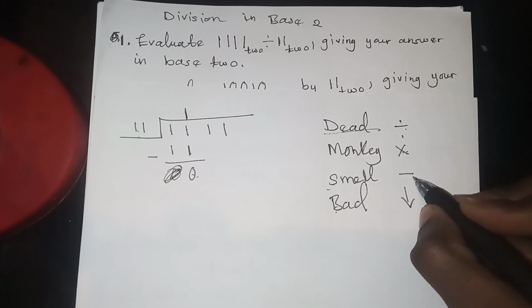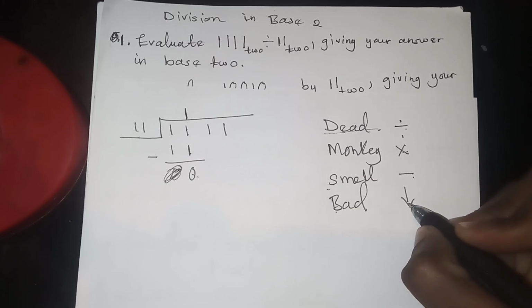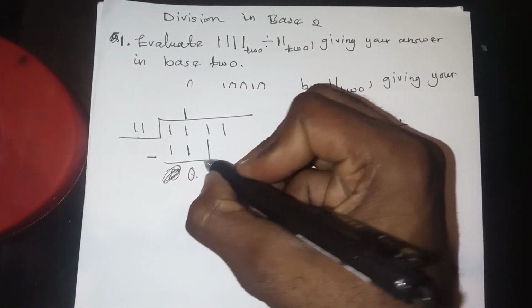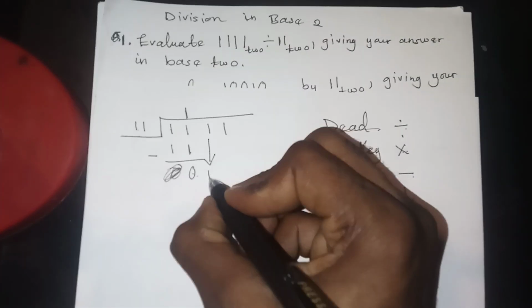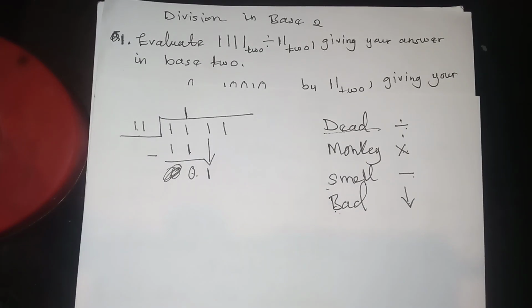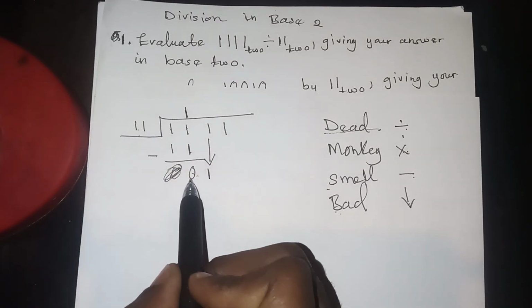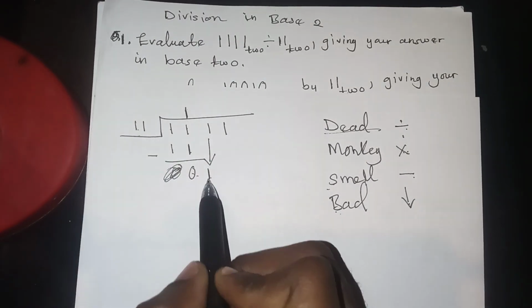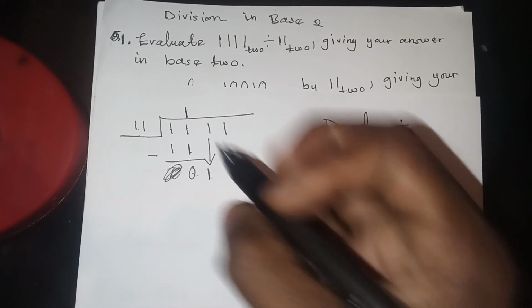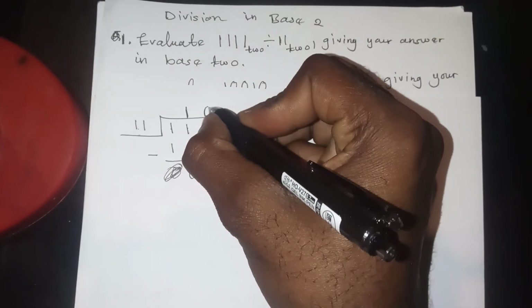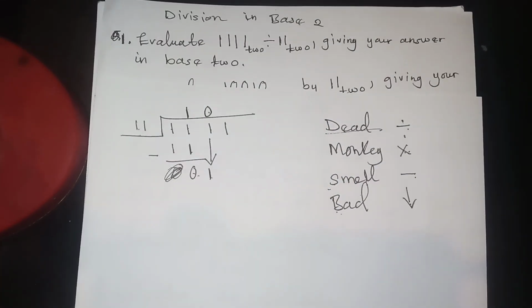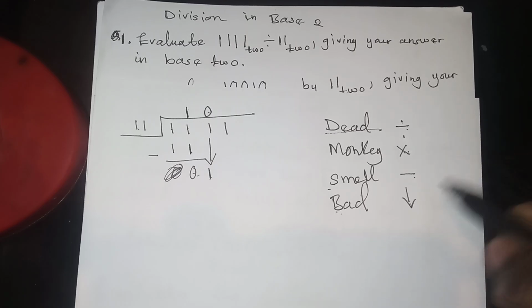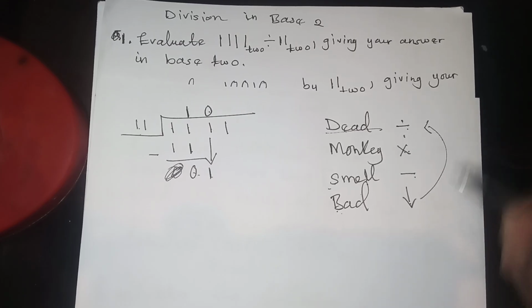And then after subtraction, you can bring the next digit down. This is bring down as they call it. So you can put a 1 there, and then 11 into 01 or 11 into 1. This is not possible, so you can just put a 0 on top of the one you have just brought down. Now after dividing, remember we have restarted the process.